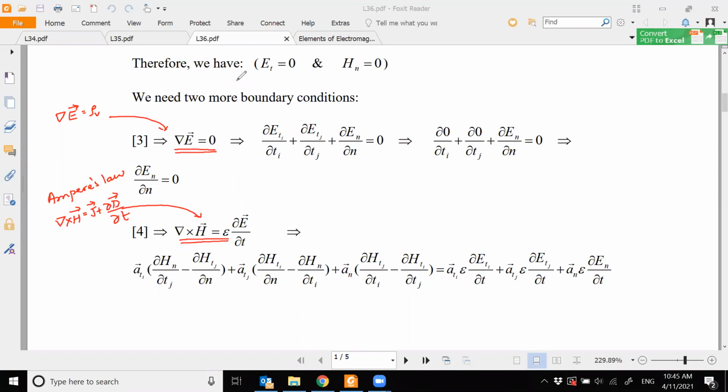Let me check. Is it really Gauss's law? Just a second. There should be a dot here. Yes, it should be divergence.